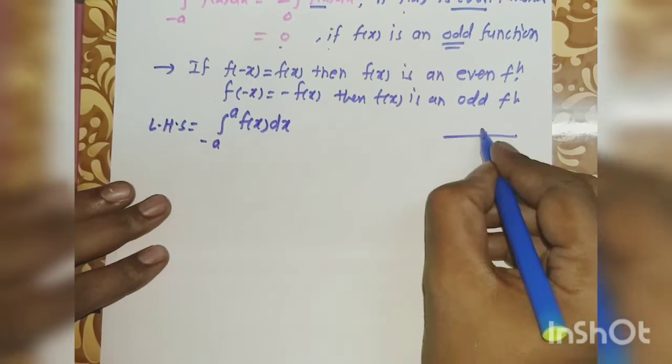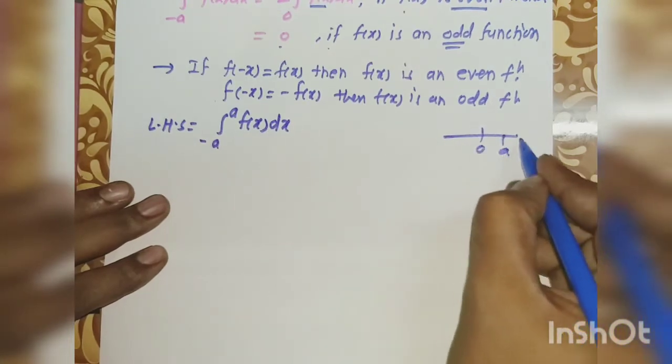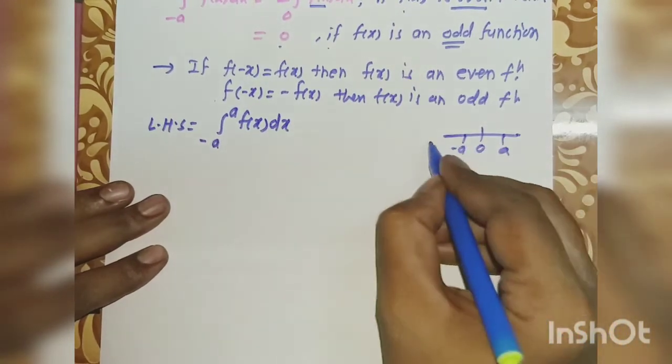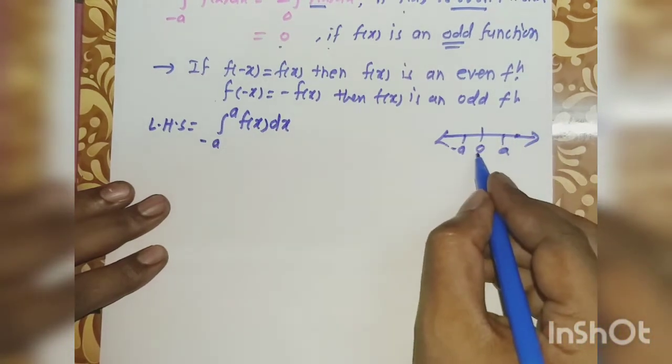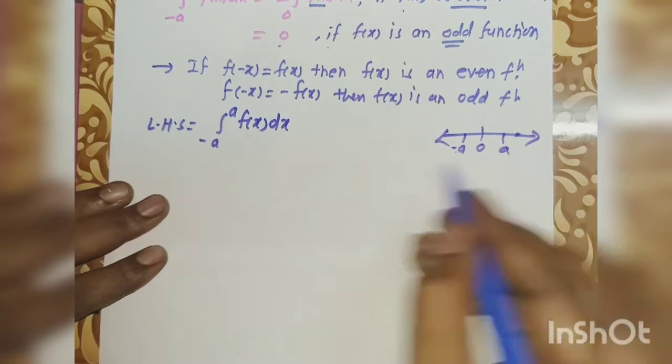Now suppose here 0, a, and this is the minus a on the number line. That means 0 lies between minus a and a.